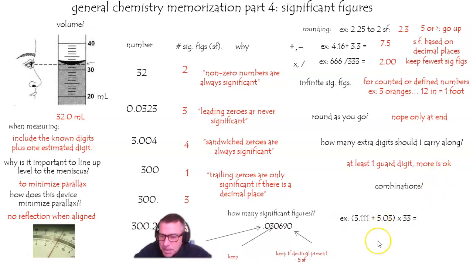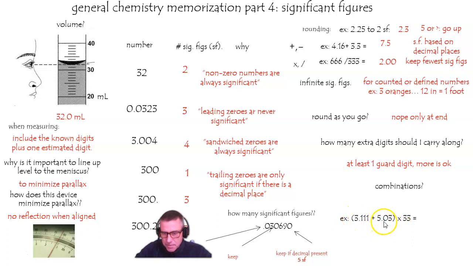If you have a combination, which you so often do, even when you just take an average, you have both multiplying and adding going on. What you do is take your intermediate data and determine how significant it is. Make a note of that, but always round at the end. So let's use this one as an example.